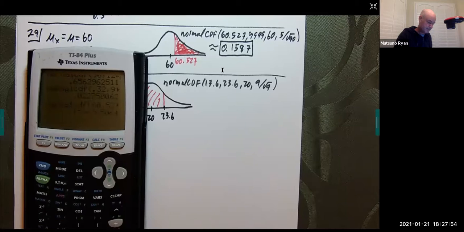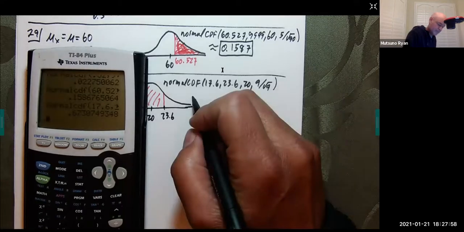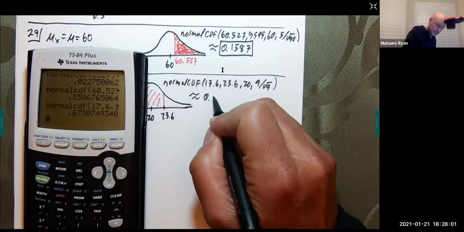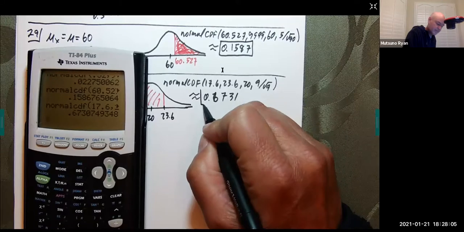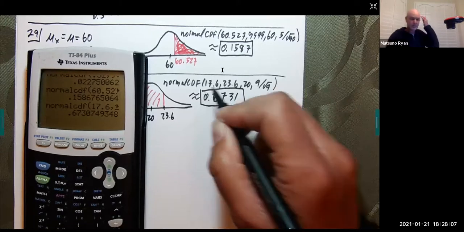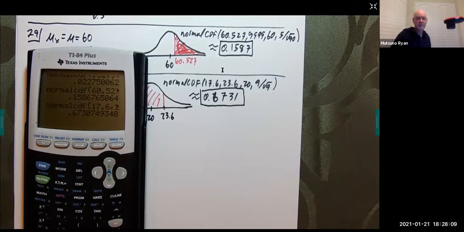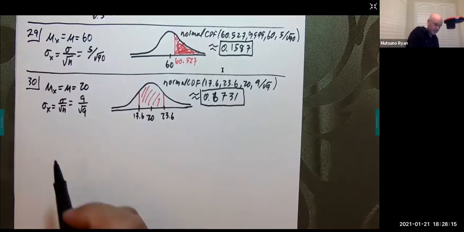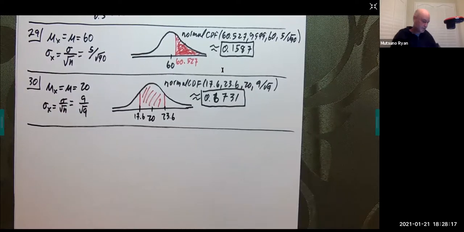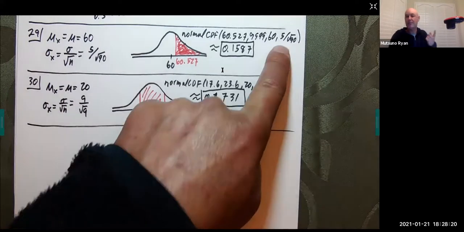And let's paste it. 0.6731. That's number 30. So you only do that divide by the radical when you have a sample.